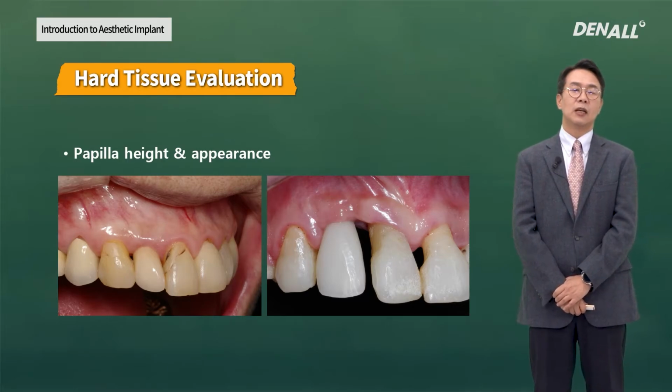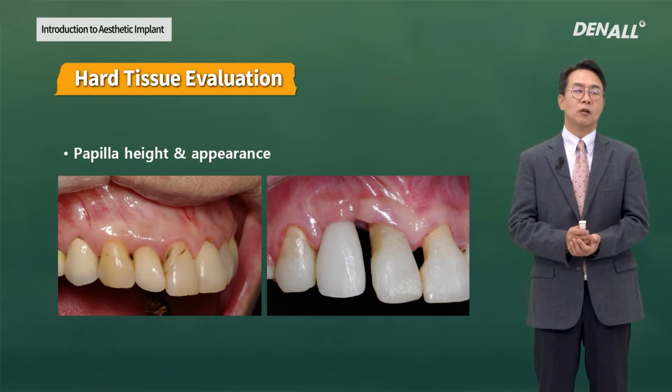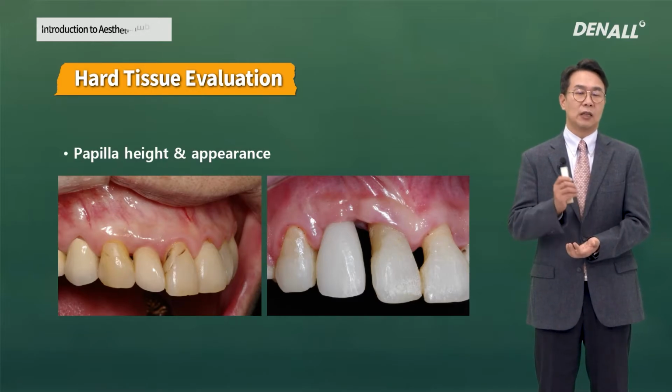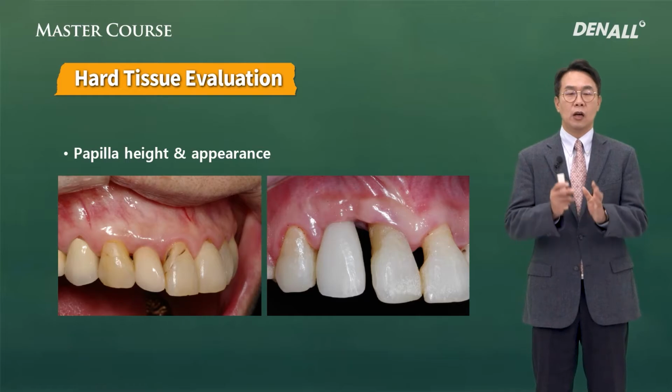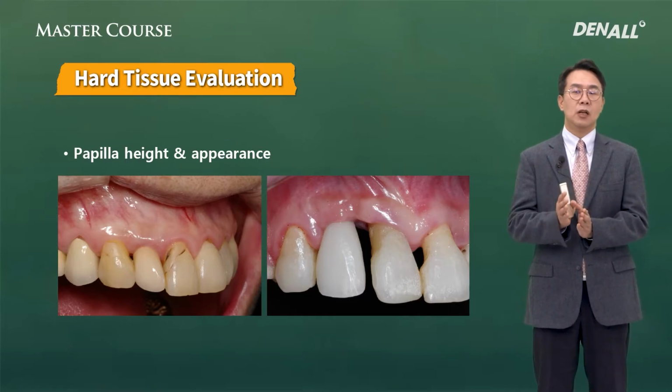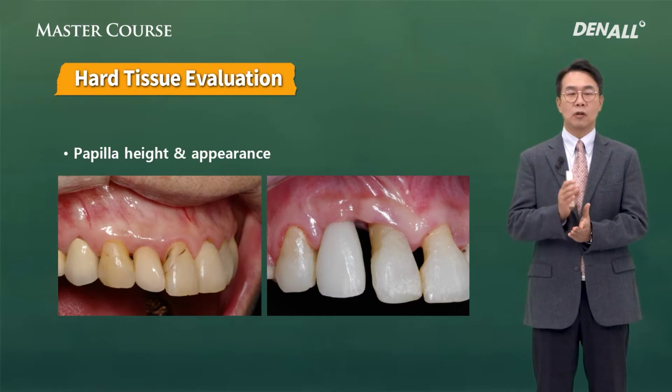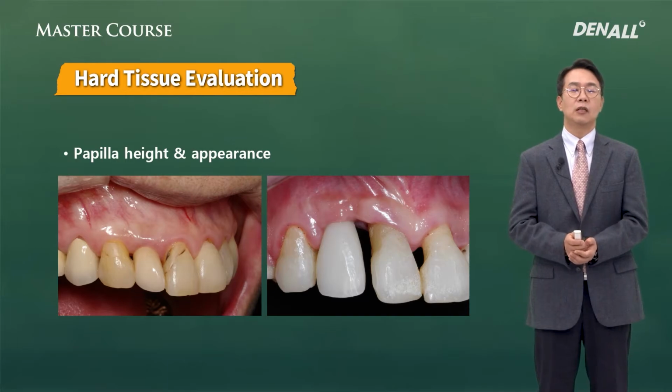But if you look at number 21, the gingival recession is severe. So in the future, number 11, prosthesis needs to be done again.